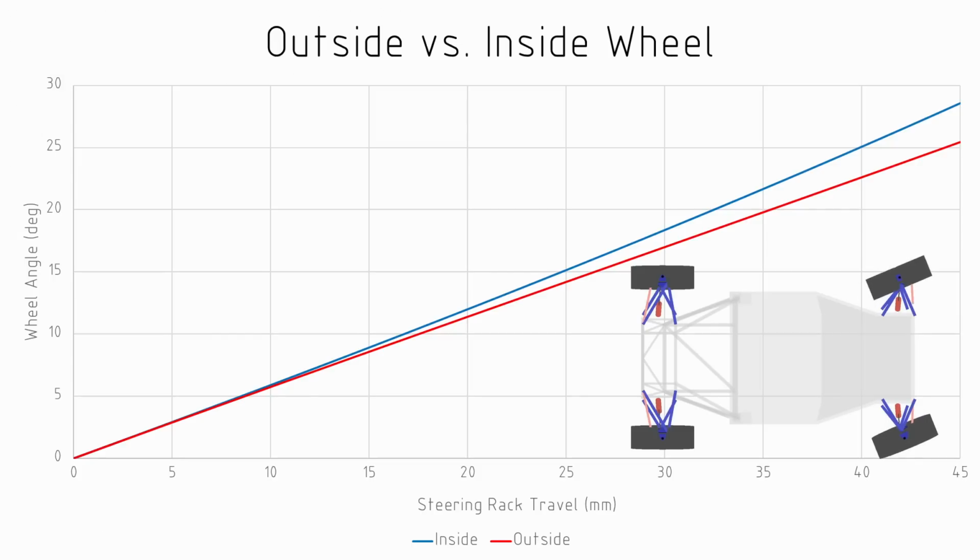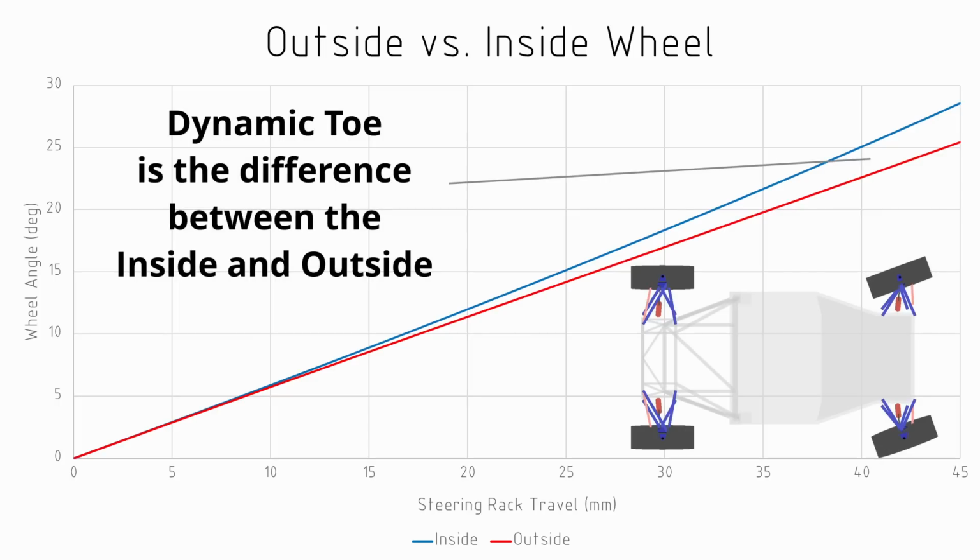Here's an example of the inside and outside wheel steer as a function of rack movement for the initial design of Project 171. We see that the inside wheel is turning more than the outside wheel. Now, one of the better ways, I guess, to look at this is to, instead of thinking about an inside wheel and an outside wheel separately, combine that and think of that as dynamic toe angle.